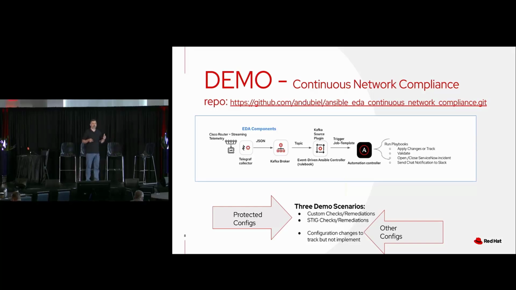If it maps to our STIG compliance, or to our custom compliance where we set up our own baselines, then we may want to act on it immediately. But if it maps to a configuration that we just want to track for informational purposes, we can do that as well, but we'll respond to it differently than the first two. So you can think of that router as kind of like a proverbial Karen, right? Excuse me, someone has just changed my configuration.